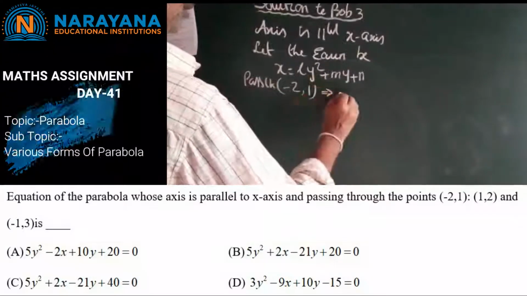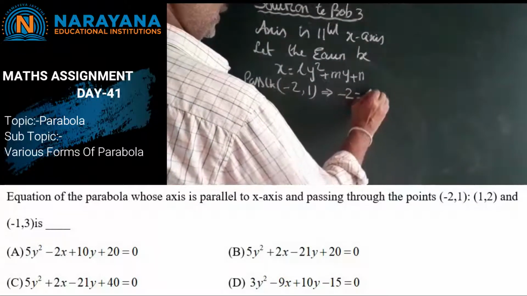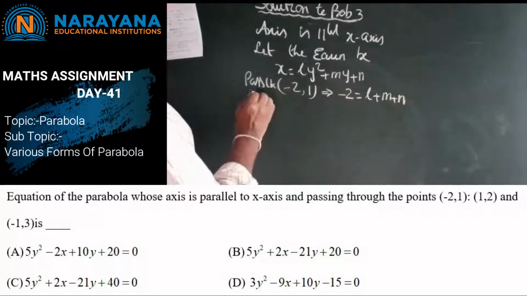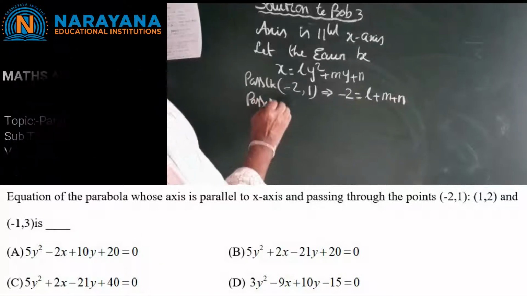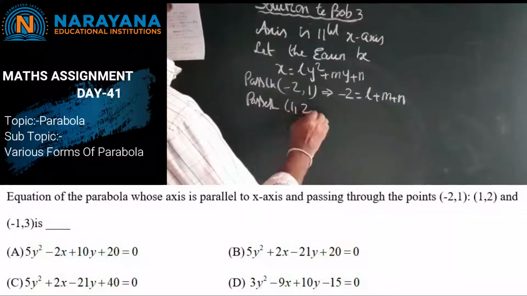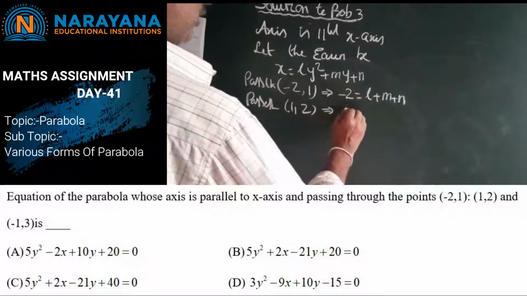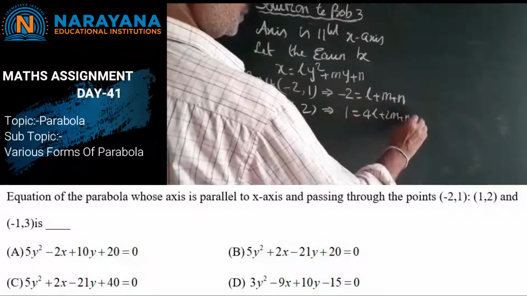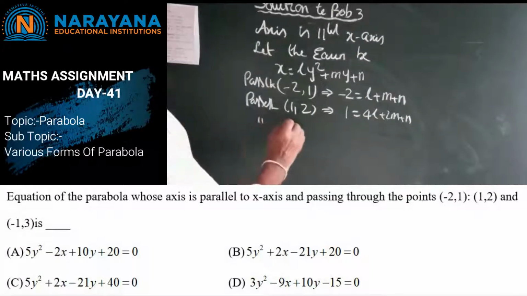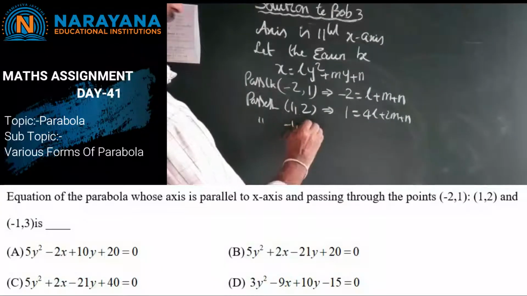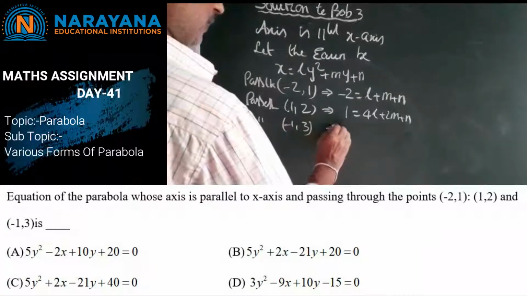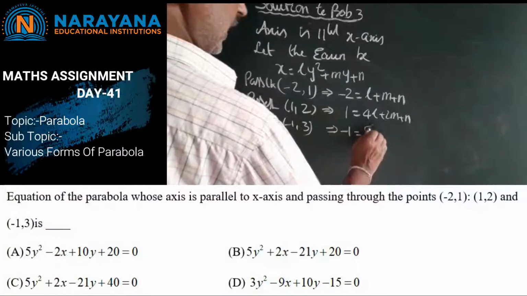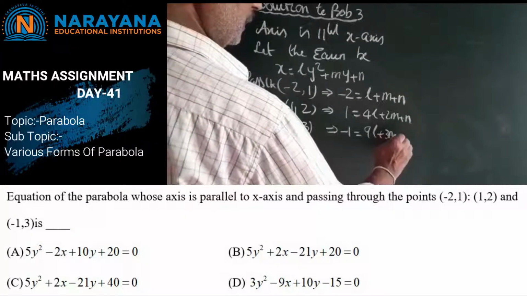So if you write x = -2, y = 1, we can get -2 = l + m + n. Passes through (1, 2), so x = 1, y = 2: 1 = 4l + 2m + n. Similarly passes through (-1, 3). This implies we can get -1 = 9l + 3m + n.